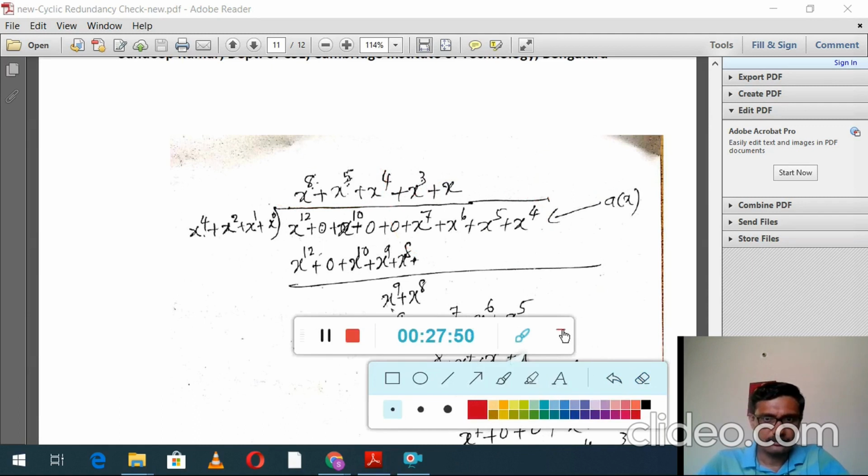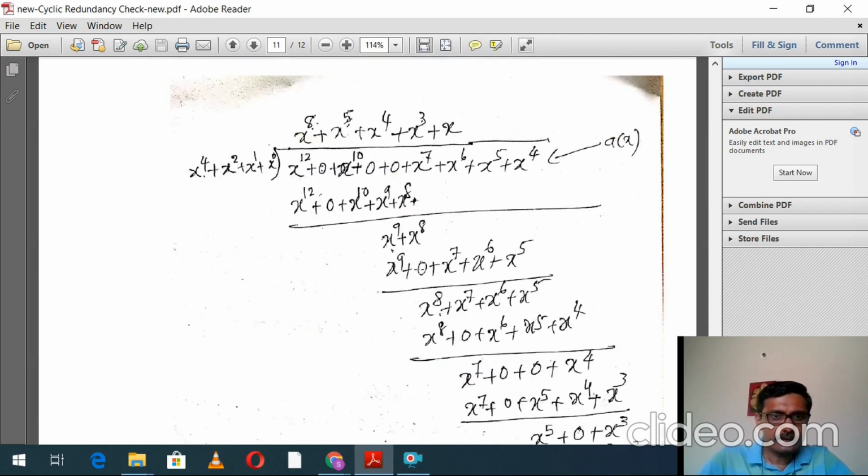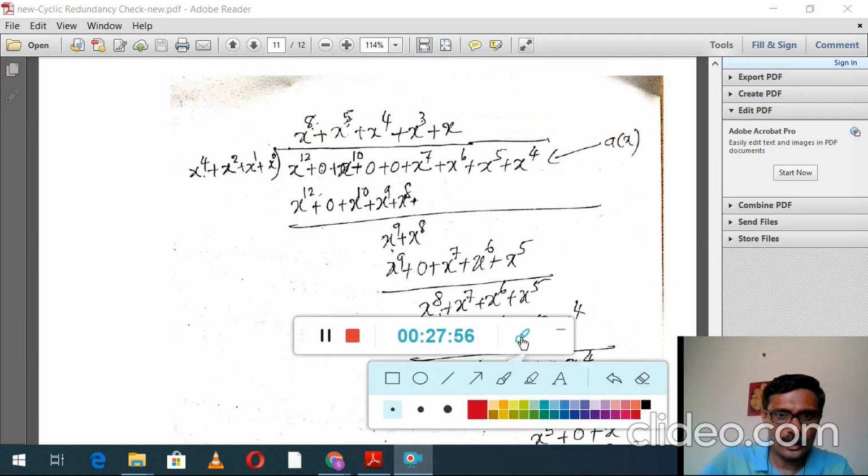Here you see x power 12 is the highest power.